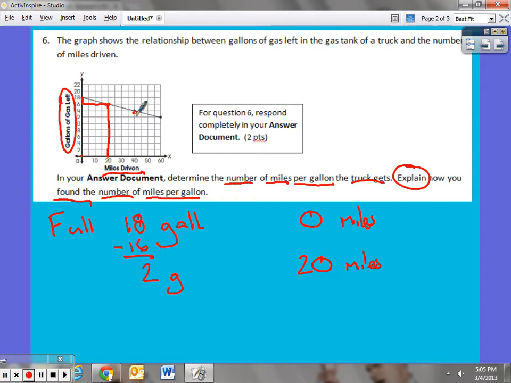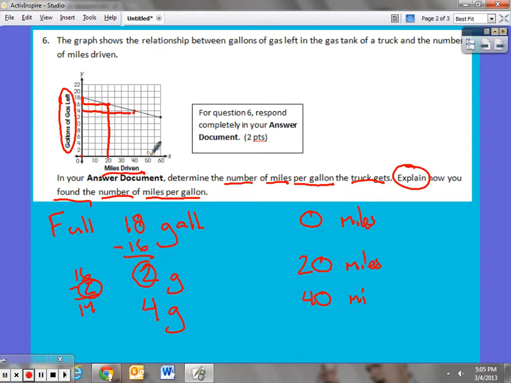So when I've driven 40 miles, I still have 14 gallons of gas left, so that means if I had 16, I take 16 minus another 2 gallons, I am now at 14. So that means there's 2 gallons burnt there, 2 gallons burnt there, so that's 4 gallons that I have burnt. So I have 4 gallons of gas for 40 miles, 2 gallons of gas for 20 miles.